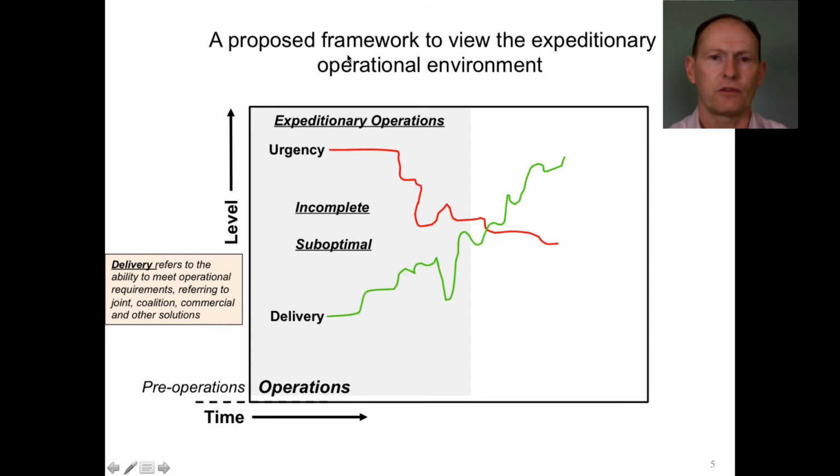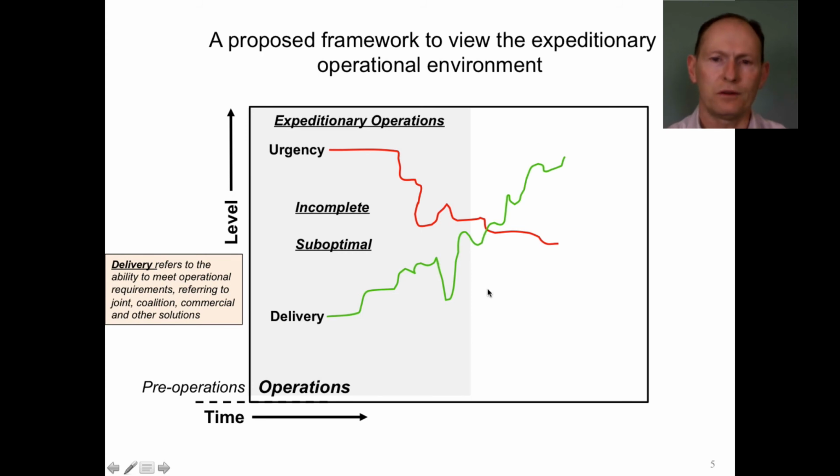And that results in some suboptimal dynamics. We have units supporting each other which normally don't. We have incomplete architecture. Now, over time, we know that the urgency of the situation, while still being urgent, will die down, and our means to meet requirements in terms of this generic definition of delivery will go up.